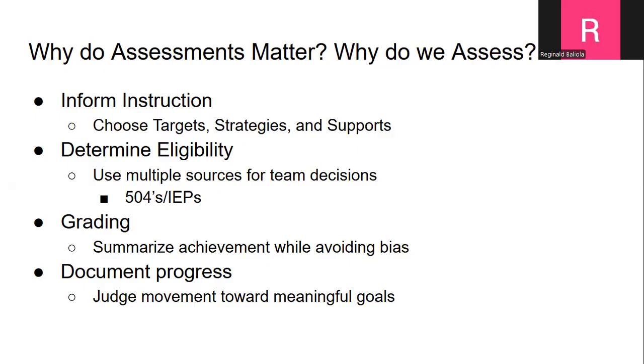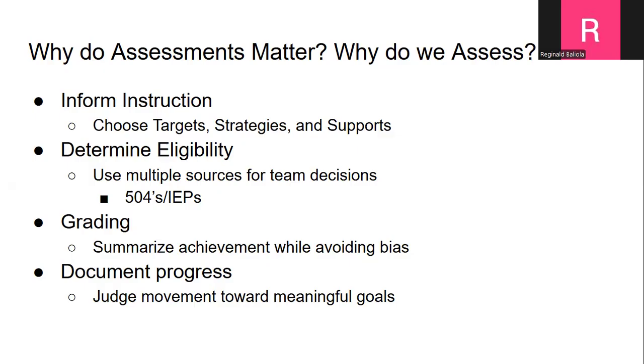Assessments matter for grading as well, to summarize achievement while avoiding bias. Grading is important. We need to make sure that we assess our students and get that data on how they're improving or not improving, and then we go from there. When we talk about avoiding bias, we look at students that have 504s and IEPs.